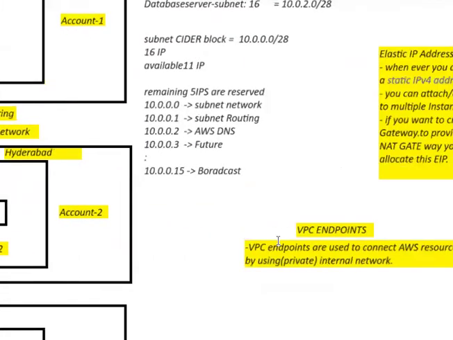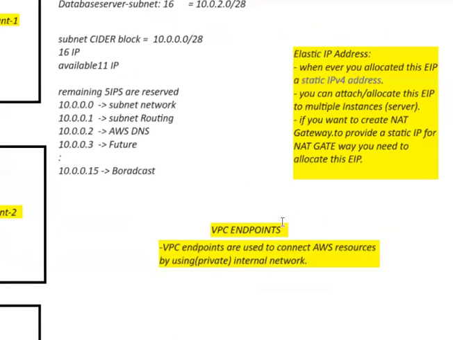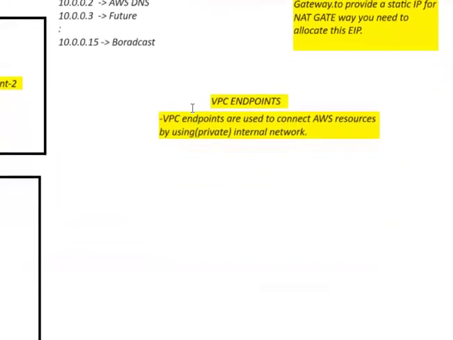So now let us come back to VPC endpoints. Why do we use this? To connect AWS resources by using the internal network. By using the internal network, we are connecting AWS resources with this VPC endpoint.